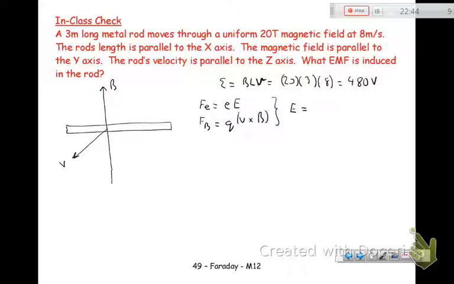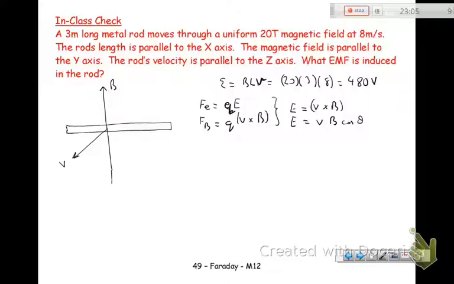The q is the same charge in both, two symbols for the same thing. So E is equal to v crossed B, which equals v times B times the sine of the angle between them.